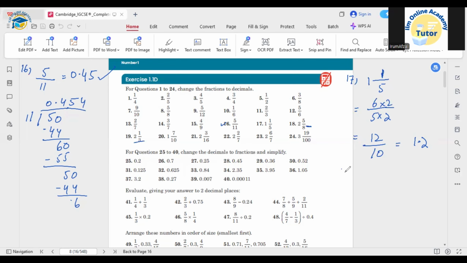Let's go with the 19th one. We have 2 into 1 by 3. So 2 3 times would be 6, and 6 plus 1 would be 7 by 3. So for this, we need to go with the long division again. So 3 1 times 3. Then, wait, we can go with the bigger number as well. 3 2 times 6.